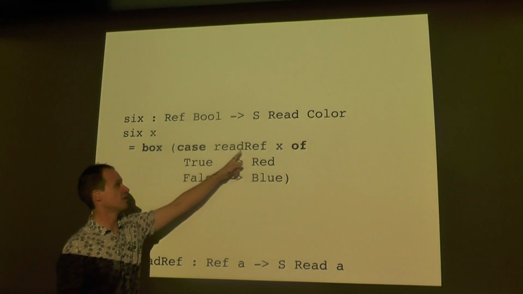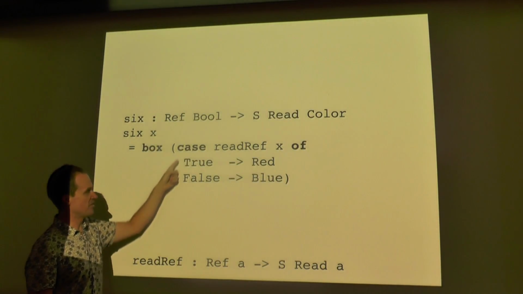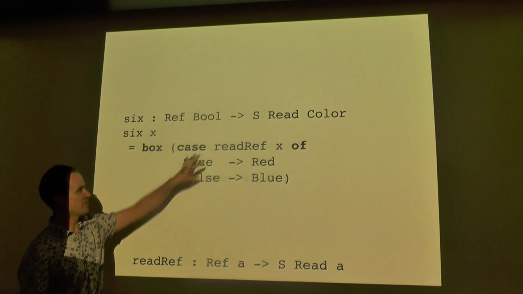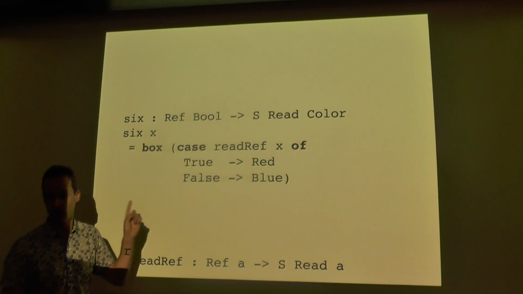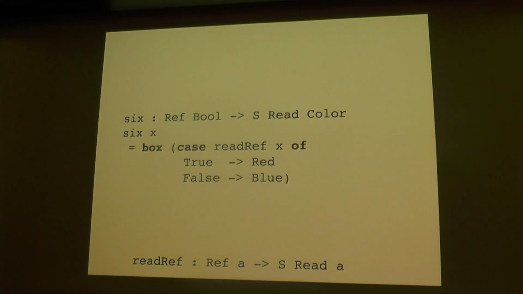So actually this is an S read bool, but the computation itself just wants a bool, not an S read bool. So based on that contextual information, I can just insert a run there to actually run the computation and then get the boolean out. And it's always safe to do that. It's always safe to put the run in at that point, because if I didn't, I would get a type error. So you might as well just put it in.